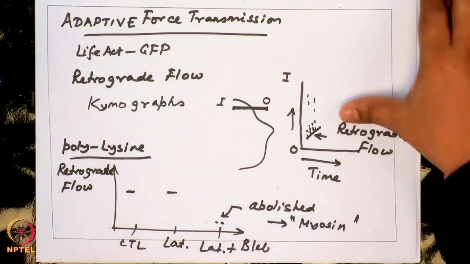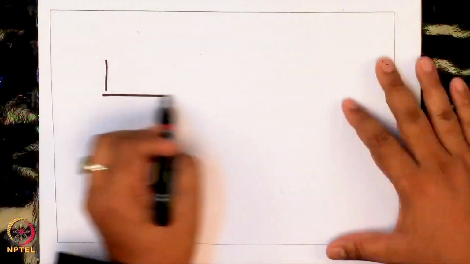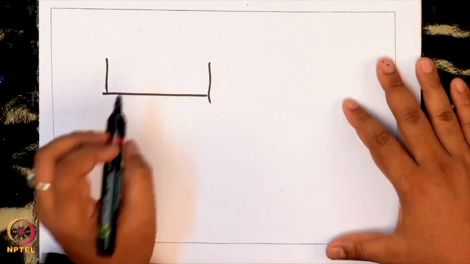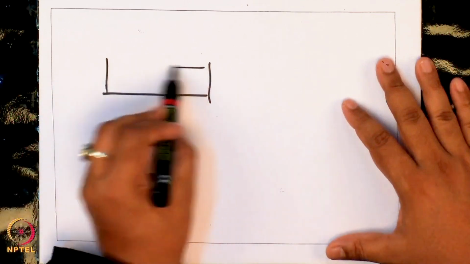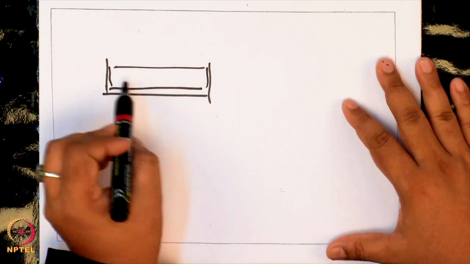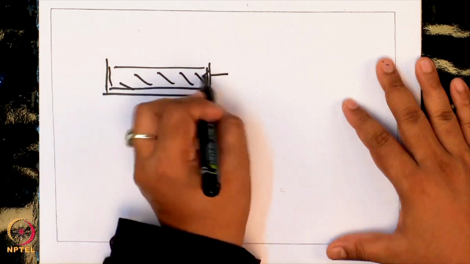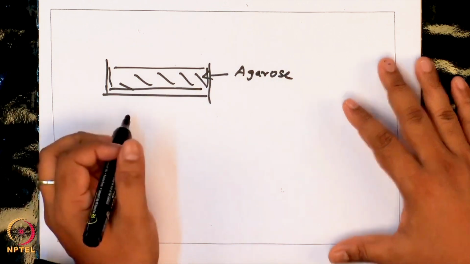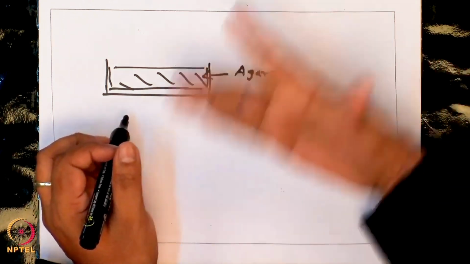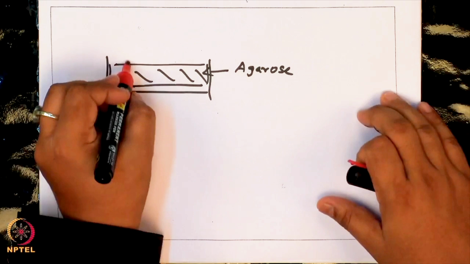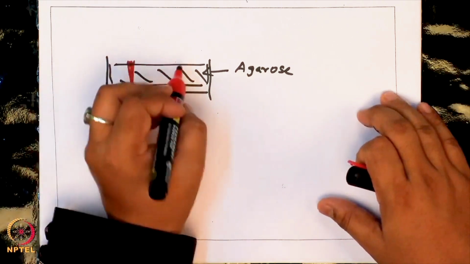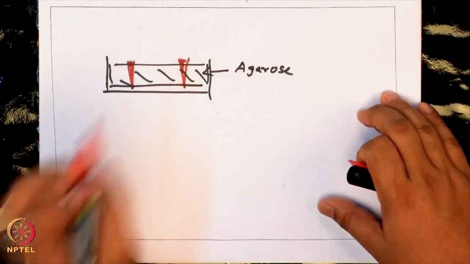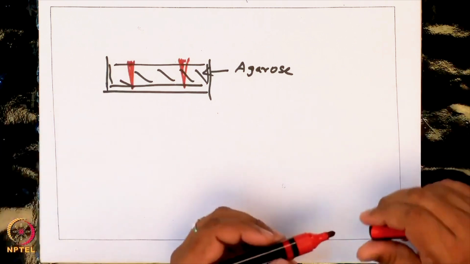To check how these cells would migrate under non-adherent conditions, the authors used a setup. In side view, this is a non-adherent plate. They polymerized a layer of agarose, which is inert, so the cells cannot adhere to it. Then they punched two holes on two ends of the well.